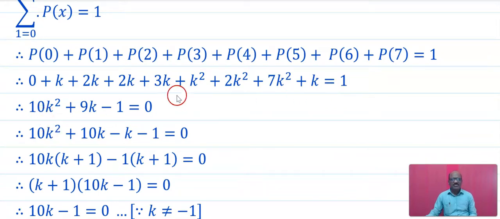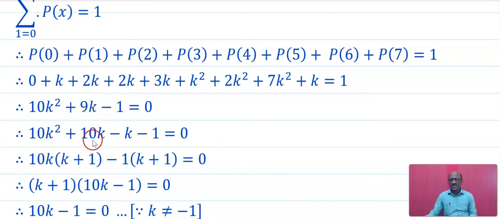If you simplify this, you will get 10k square plus 9k minus 1 equals 0. This is a quadratic equation. The product of 10k square and minus 1 is minus 10k square. Then what are the two numbers whose product is minus 10k square and the sum is 9k?